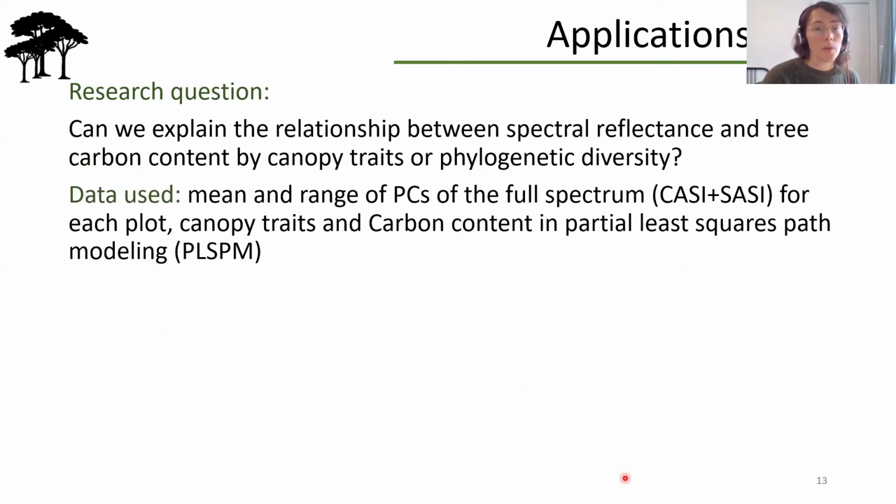Another application was more related to the theoretical relationships between spectral reflectance data and tree carbon content, and how canopy traits and phylogenetic diversity might influence this relationship. Because this research question was not addressing any predictions, also not in future, we used the data set at the tree crowns, so the full spectrum, using reflectance data from both sensors together.